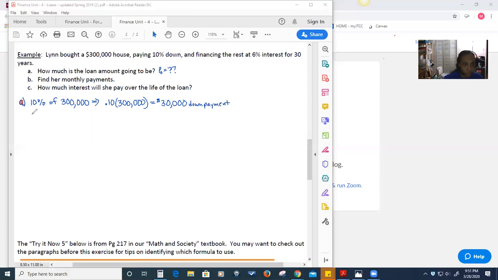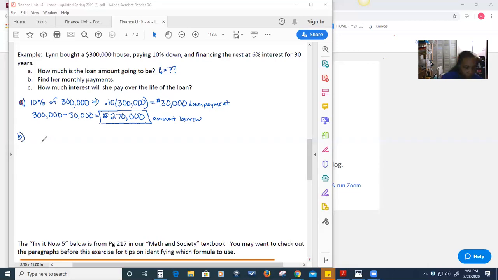And so now the amount that she's borrowing is $300,000 minus her $30,000 down payment. So she's only borrowing $270,000. All right. So this is the amount that she's going to borrow to pay for that house.